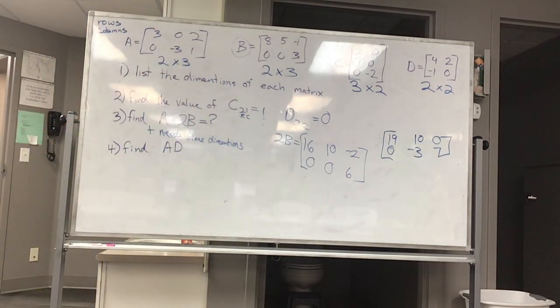So, of the set of 4 matrices that we have to start with, are any of them able to be added except A and B? Can we add any others together? No, because they are different dimensions.